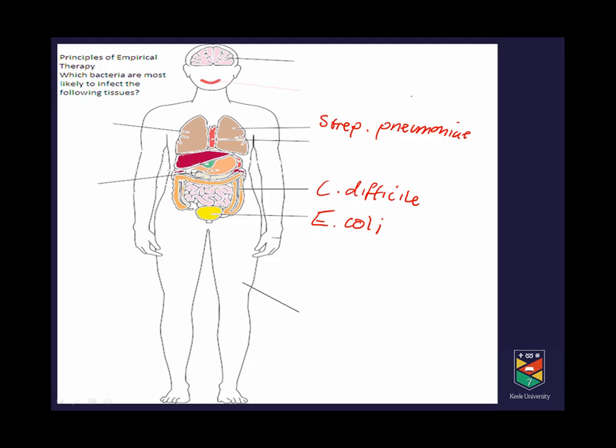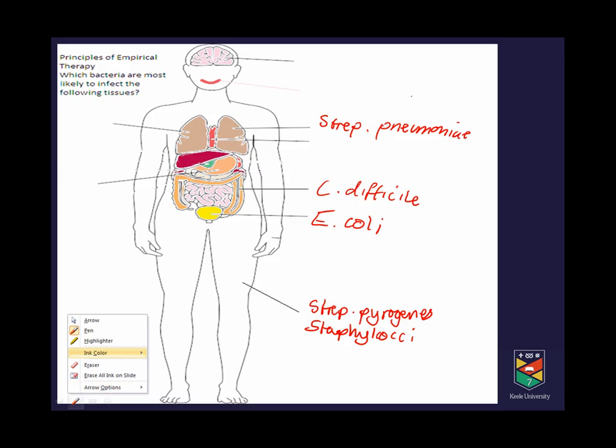And then on the skin, you tend to get Streptococcus pyogenes or Staphylococci that cause problems on the skin. So what we have to do, generally, in empirical therapy, is use an antibiotic which will treat the bacteria that's most likely to be causing the infection.